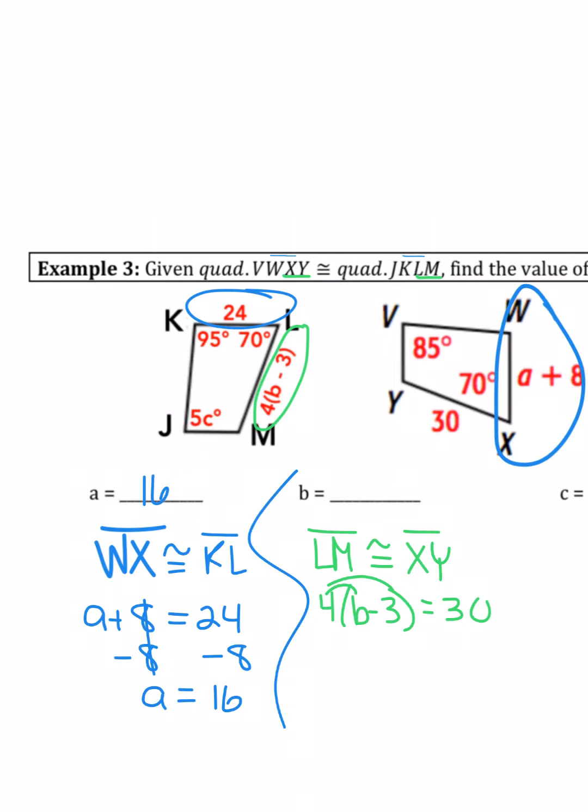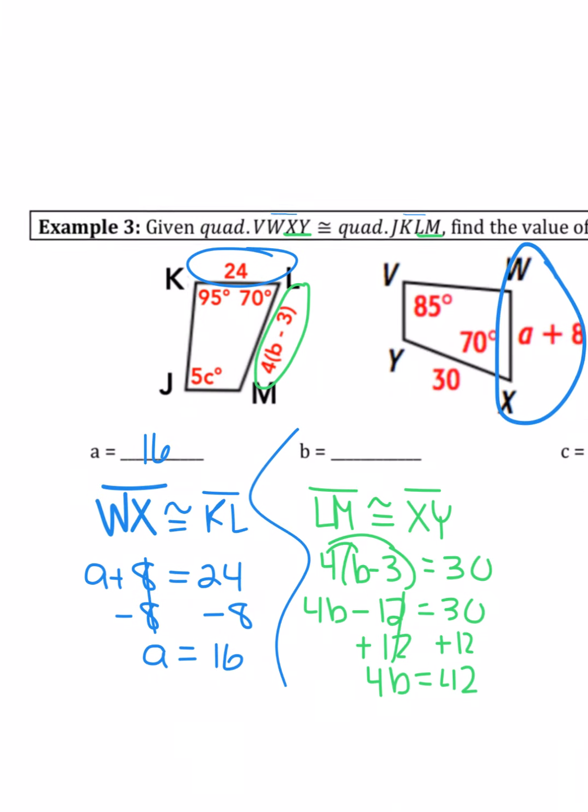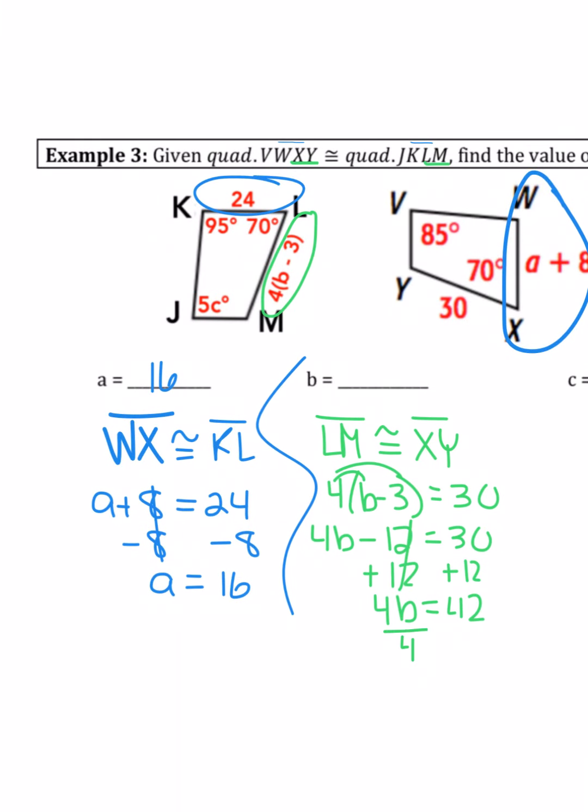Remember the distributive property, we can do 4 times b to get 4b. The minus sign comes down, and 4 times 3 is 12. Then I have a two-step equation to solve, so I'm going to start by adding 12 to both sides, and I find that 4b is 42. Next, I'm going to divide both sides by 4, and I find that b is 10 and a half, so 10.5. We weren't given any units here, so saying 10.5 is fine, or you could add units in if you wanted to.